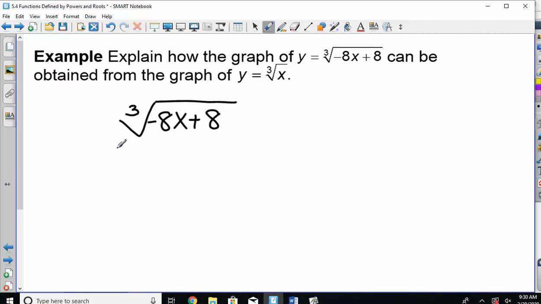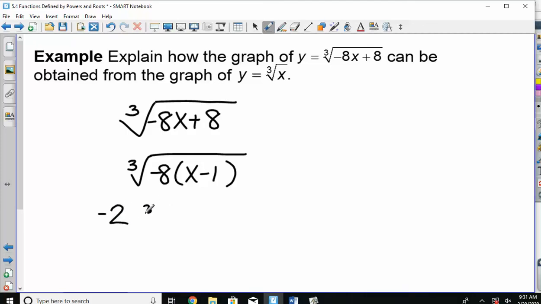What would you pull out of that? And that leaves you with x minus 1. Okay, so can we do the cube root of negative 8? And that is negative 2. So negative 2 comes outside, and we have the cube root of x minus 1.